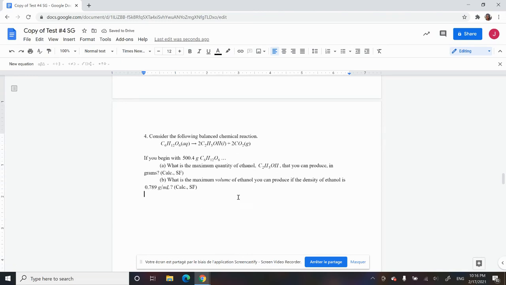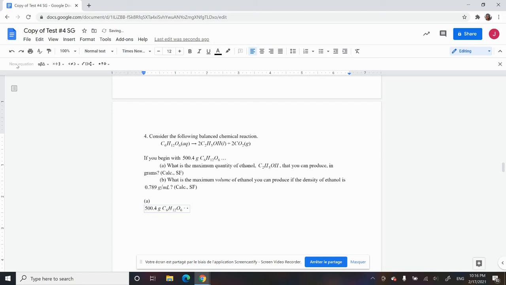Right, so when I look at this, I'm seeing I'm only starting with 1 number, which indicates to me that this is not a limiting reagent problem. So I'm looking for the maximum quantity of ethanol in grams. So I'm doing a gram to gram calculation.